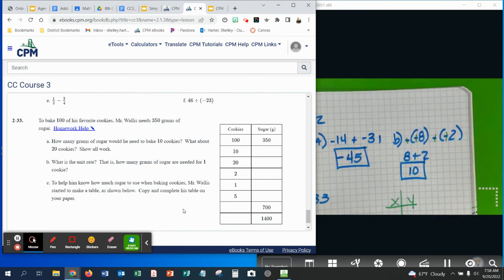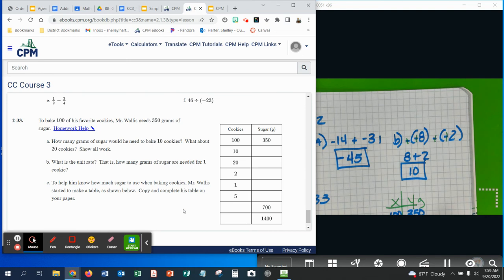So for 100 cookies, they want 350. And then they want to know about 10, 20, 2, 1, 5, right? These are random. For 10, it's going to be 35 grams.